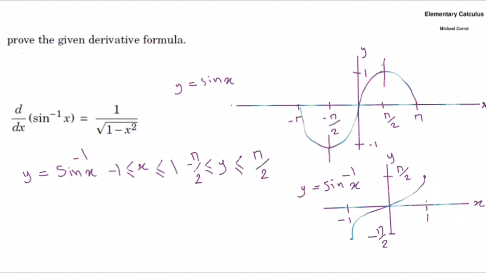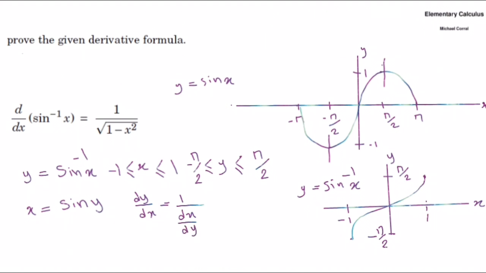So when y equals the inverse function of sine x, we can write x equals sine y, and we know that the derivative of y with respect to x equals 1 over the derivative of x with respect to y.